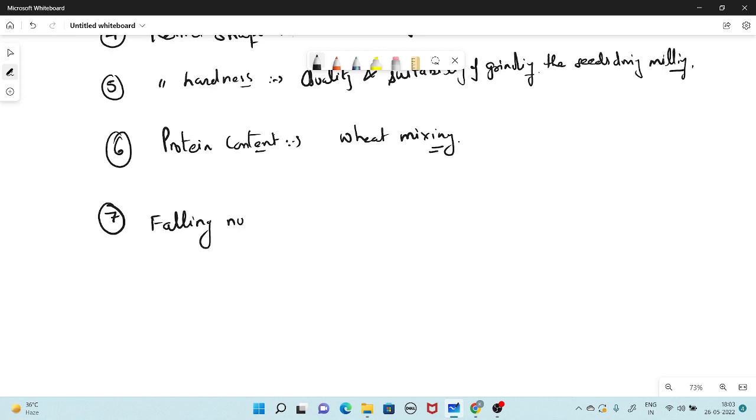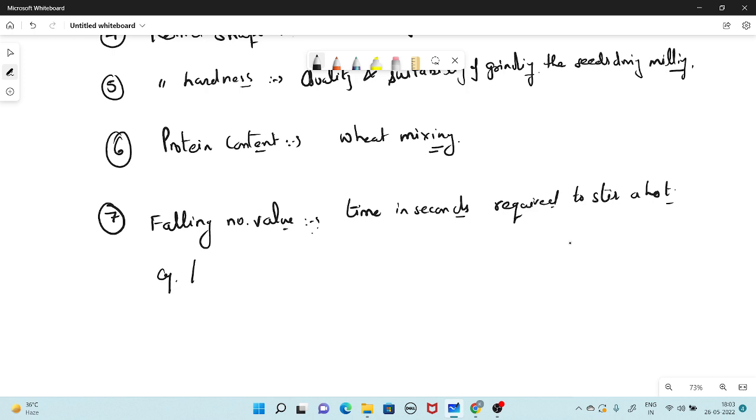In this case, it is the time in seconds required to stir a hot aqueous flour, which is undergoing liquefaction, in a viscometer.